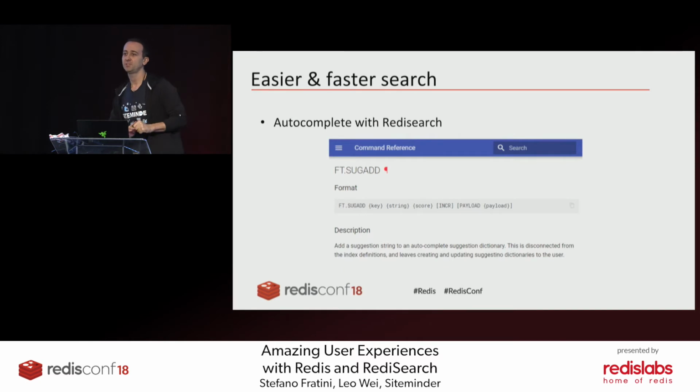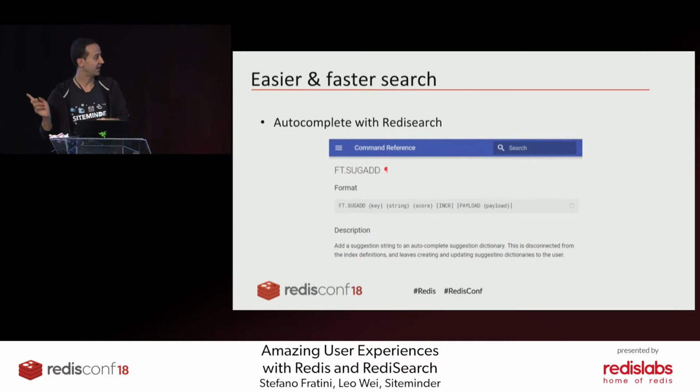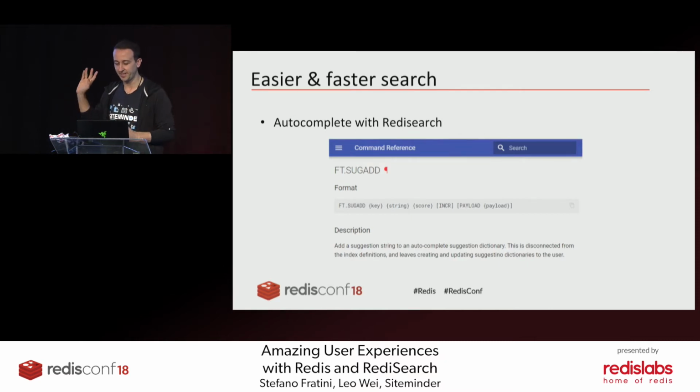One hidden gem in the RediSearch module that Dvir from Redis Labs put together so nicely is autocomplete suggestion dictionary support. There's a series of functions that support that inside the RediSearch module. It's not as well known as the full text index component, but it is as useful.